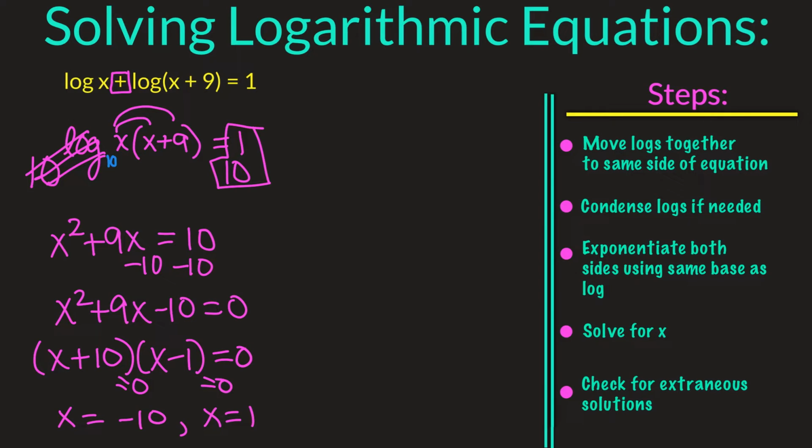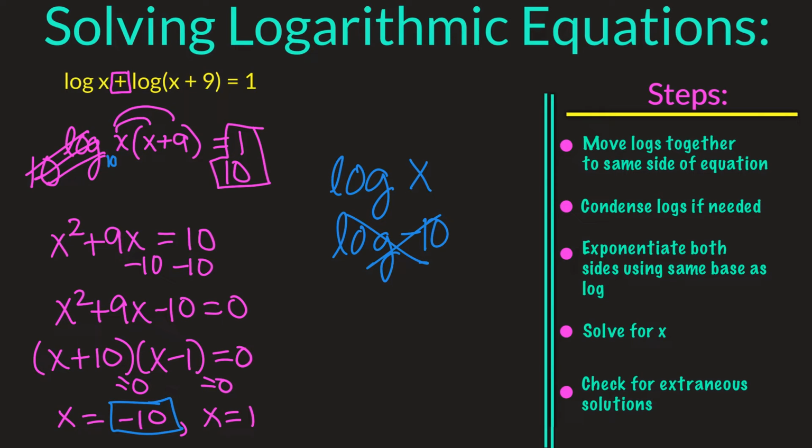Now let's go ahead and check that by plugging them in to see if any one of them is an extraneous solution. Well, when you have the log of x, and if I substitute a negative 10, that's going to be the log of a negative number. And we can't do that.